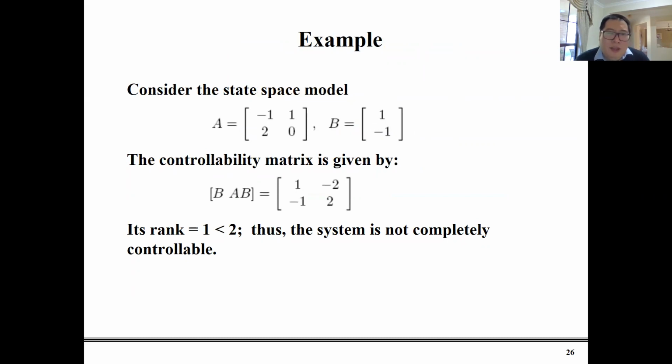For example, in this case, if you multiply the first column by -2, then you get the second one. Which means that it is not full rank, which is not controllable.